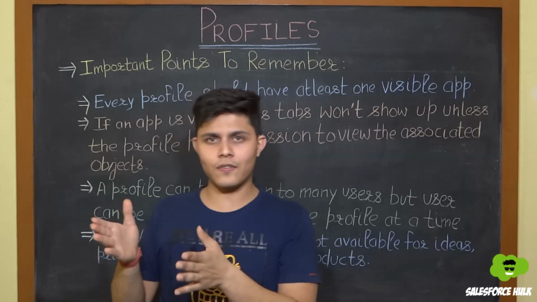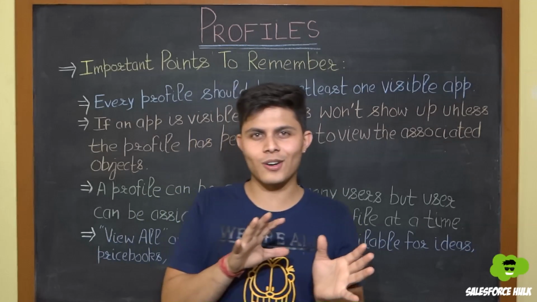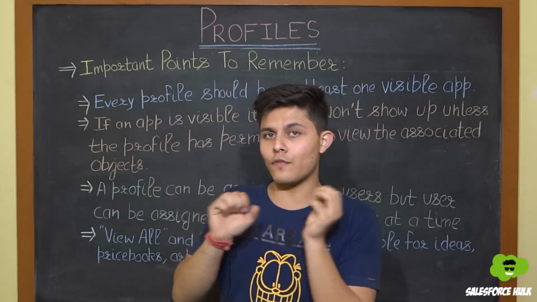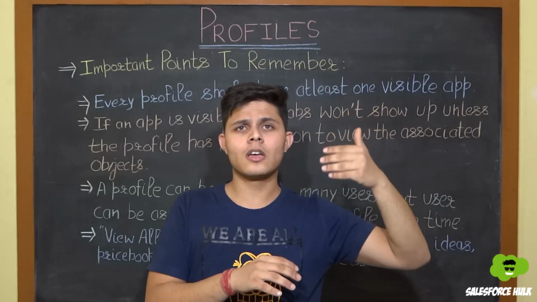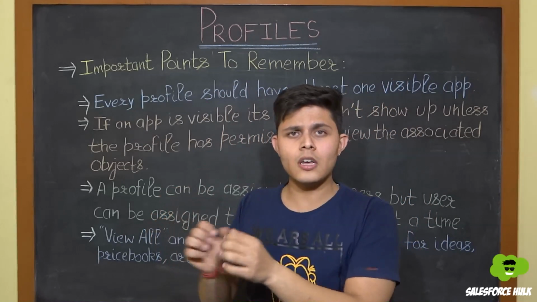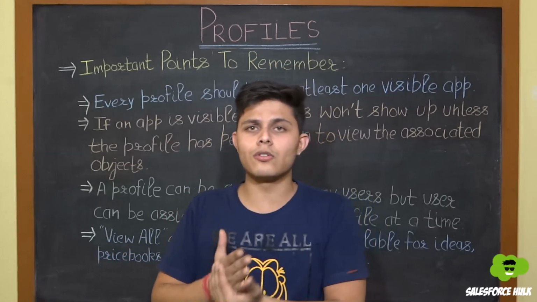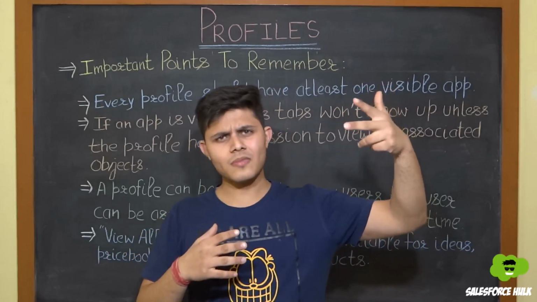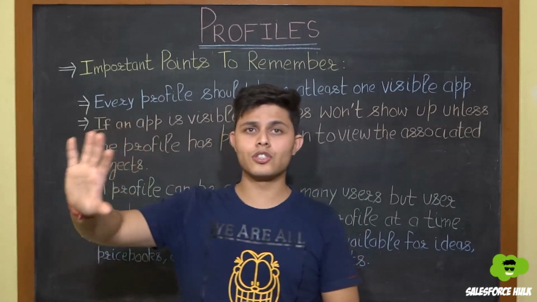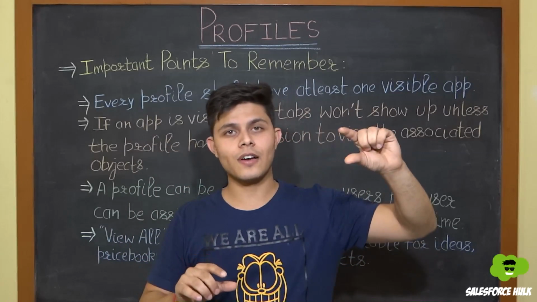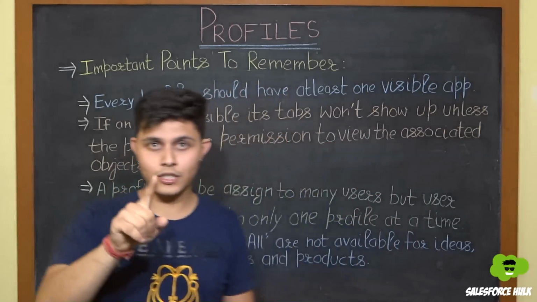We'll see that after this topic of profiles, in permission sets, how we're going to give access of both profiles, marketing executive and sales executive, to that user John. But up till now you do not know how to do that, because a user can be assigned to a single profile. That's it. You need to take care of that.